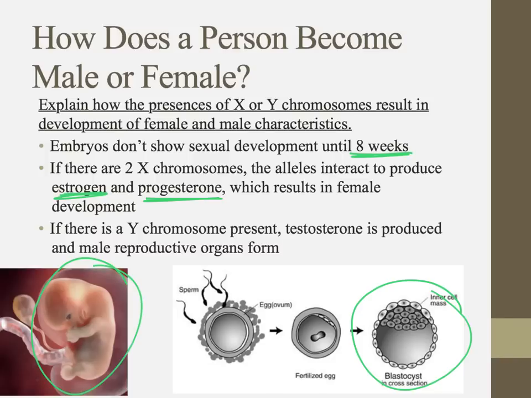If there's a Y chromosome present, then that ball of cells is going to produce testosterone. Depending on what kind of hormone is being produced, that's going to determine the type of reproductive organs that that embryo is going to develop.